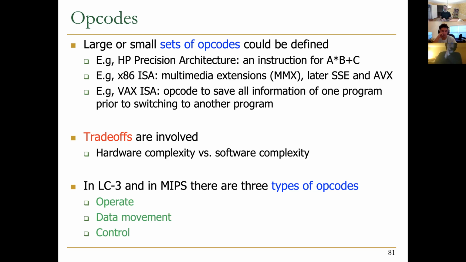And that's why, for example, very complex machines like the VAX ISA disappeared, right? We had some implementations of this ISA in the 70s, but they're not around anymore.